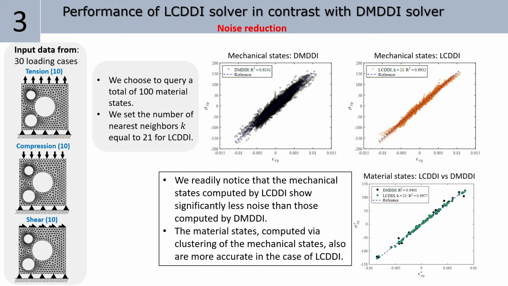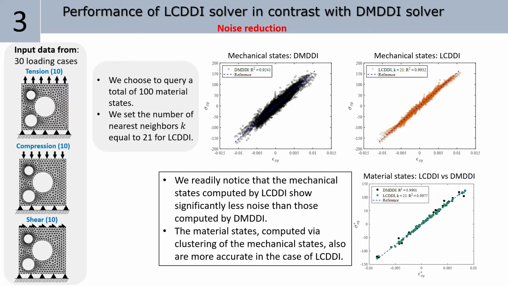And these are our results. If we compare the mechanical states obtained by LCDDI with the mechanical states obtained by DMDDI, we see that there's a great reduction in the noise that happens using LCDDI.